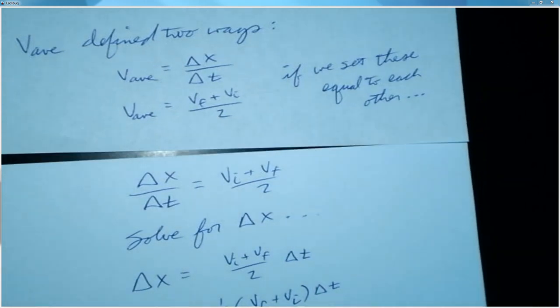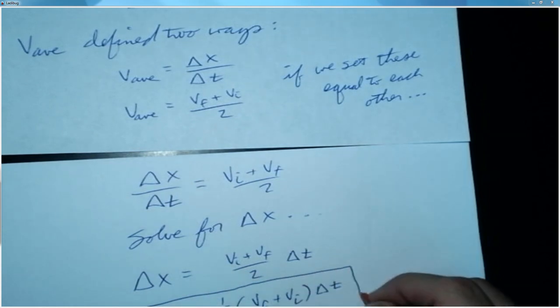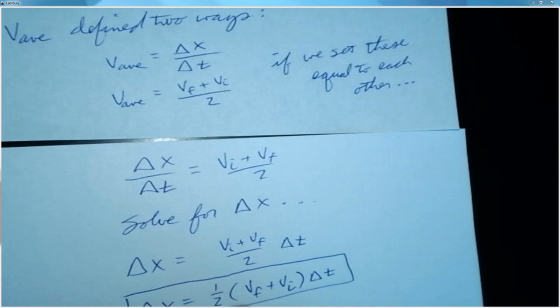And a foolish consistency is the hobgoblin of small minds, as Ralph Waldo Emerson said. So, here we go. This is our second kinematic equation. The change in the distance is equal to 1/2 of the final velocity plus the initial velocity multiplied by the change in time.